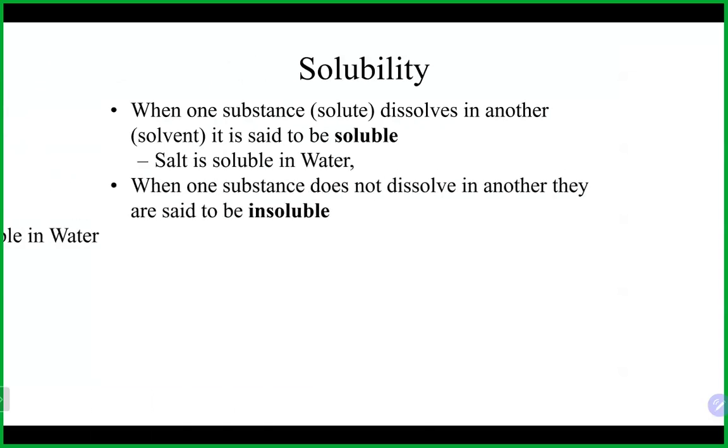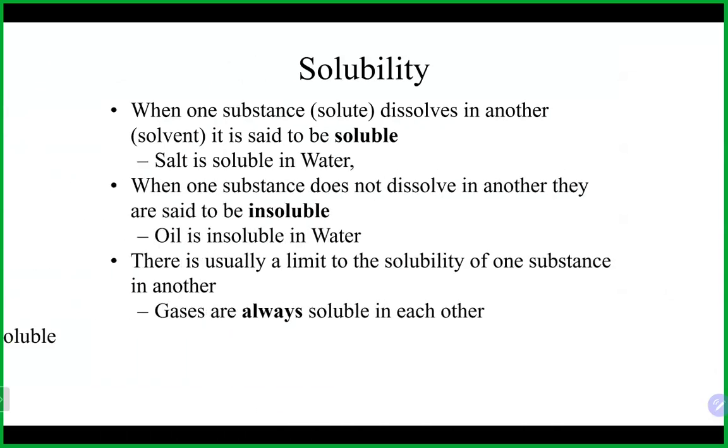Now, when we talk about things being soluble, if one substance does dissolve in another, it is considered soluble. Salt is soluble in water. When two substances really don't mix, they are said to be insoluble in each other. Oil is insoluble in water. There usually is a limit to the solubility of one substance in another.